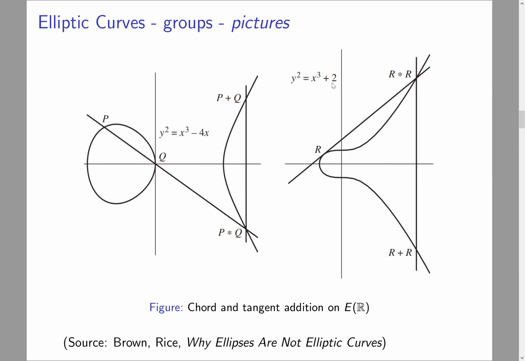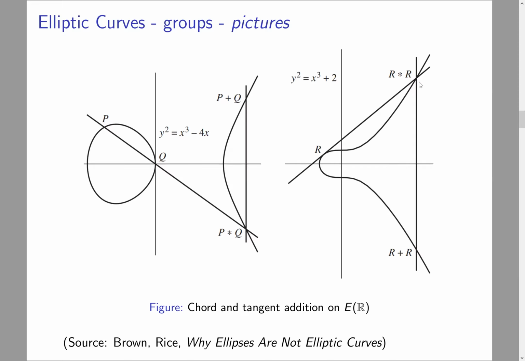And you can see that being done on the right picture as well, where now I'm adding the point R to itself. So to add a point R to itself, how do I do that? How do I draw the unique line through a point itself? Well, instead, I take the tangent line to that point on the curve. So that's the line that intersects the curve at that point twice.